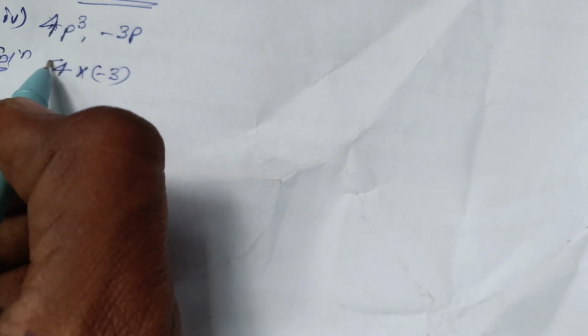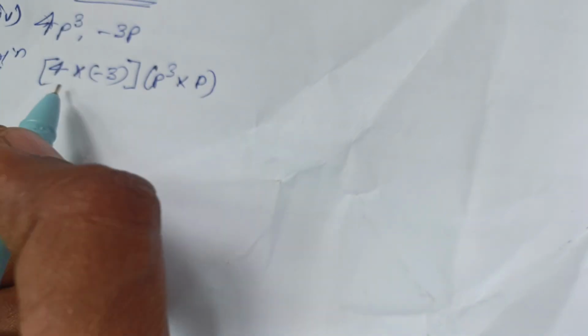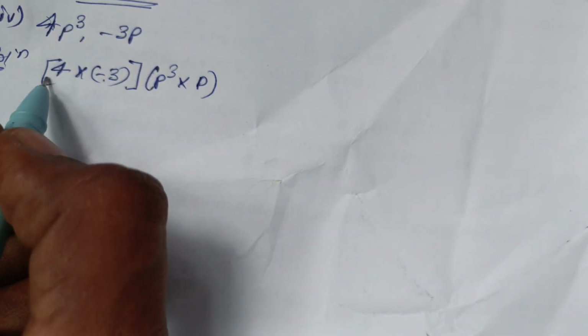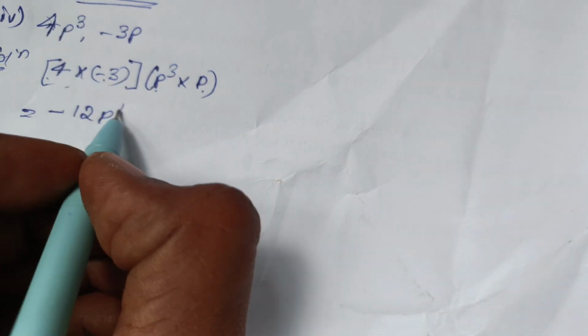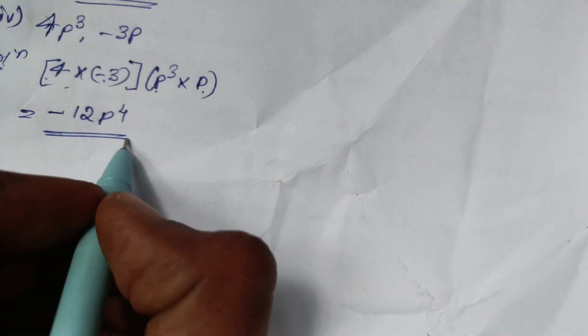This can be written as 4 into minus 3 into p cube into p. So therefore we can write minus into plus is minus, 4 3s are 12, p into p cube into p is p raised to 4. This is the answer.